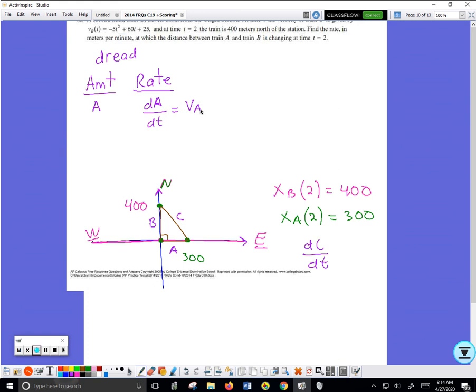Then we have distance B, and dB/dt, which is really velocity B. We're looking for dC/dt.